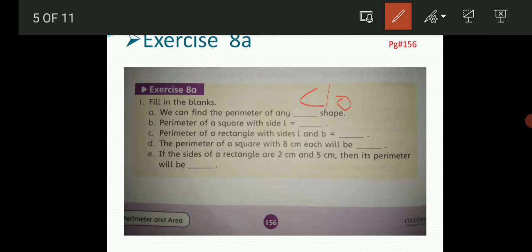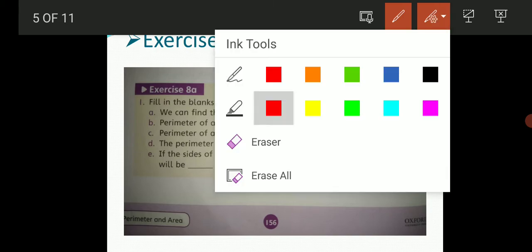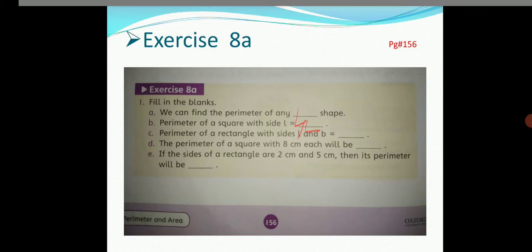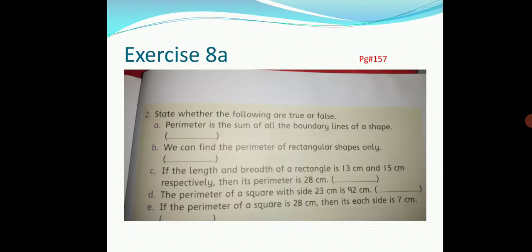Closed, C-L-O-S-E-D. Part B: the perimeter of a square with side L is equal to 4L.